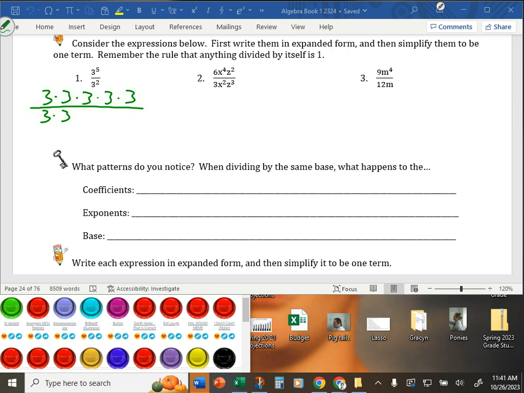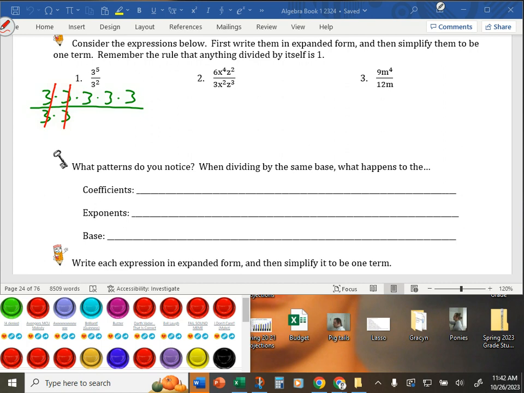So I placed those 3's directly underneath those 2 3's in the numerator because we can cancel them out. 3 divided by 3 equals 1. That pair of 3's is gone. 3 divided by 3 equals 1. That pair of 3's is gone. And now we've canceled out everything that we can because there's nothing left in the denominator to cancel out.